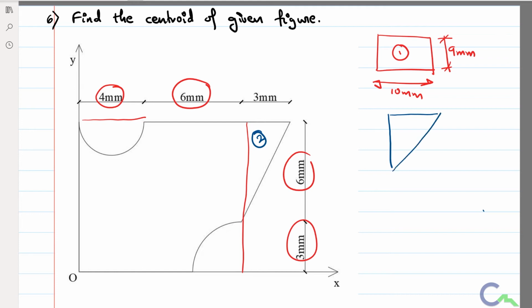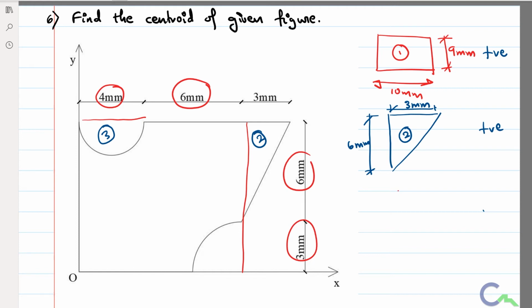So I will take this as component number 2. That dimension is 6 mm and the width of the triangle is 3 mm. So these are positive because these are the areas, but where I have to deduct this quarter circle and semicircle, I will take this semicircle as component 3 because it is overlapping on the rectangle.